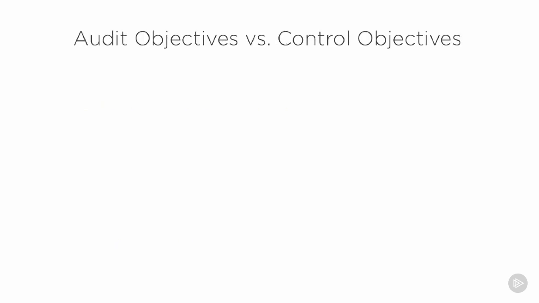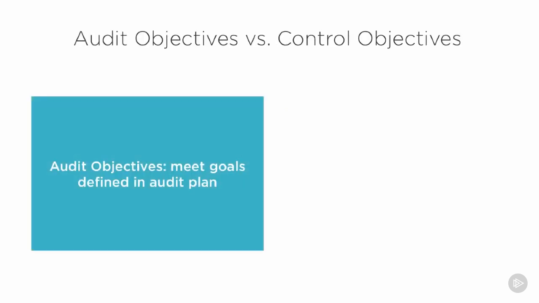The idea of the audit objectives is to meet the goals in the audit plan. We set out our audit plan based on, of course, our audit charter. We want to ensure that we clearly can meet the objective of the audit as we then conduct it.